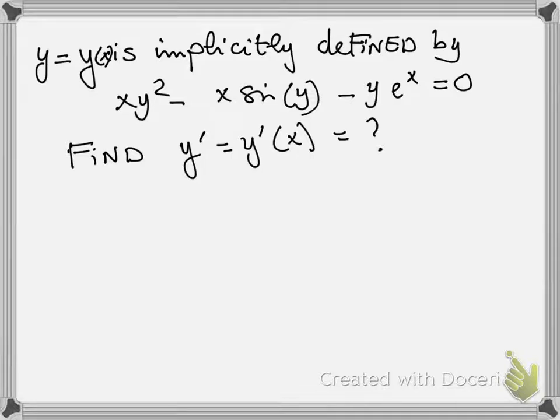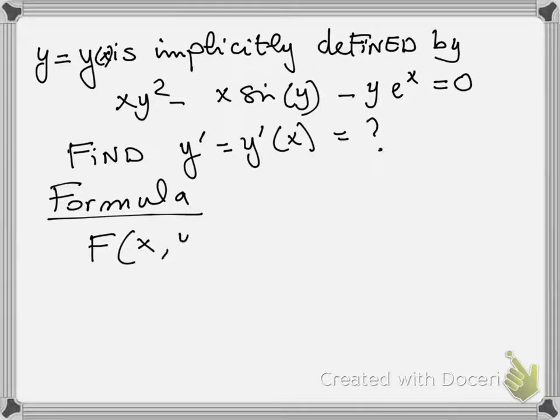Okay, well, we do have a formula for that. So the formula is the following. Let's say you have a function f of x and y, which is itself a function of x. And you want to compute y prime of x. Then you see here f is equal to 0, so the derivative of f is 0.